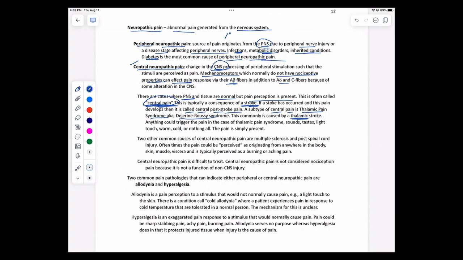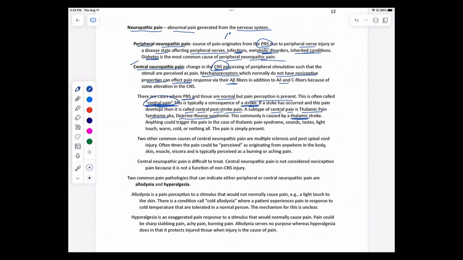So you have a stroke of the thalamus, and then after a few weeks, things begin to resolve, and now the patient begins to have pain. So again, this would be thalamic pain syndrome, a subtype of central post-stroke pain, because you can have central post-stroke pain with the stroke involving other areas, but if it's involving the thalamus, then typically it's going to be called your thalamic stroke syndrome.